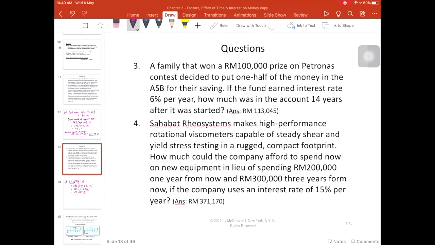Nampak ke? Okay, good. Betul-betul. Maknanya 1 year from now at year 1 and then 300,000 ringgit is 3 years from now. Kan? Okay, good. Faham semua? Ada yang tak dapat?